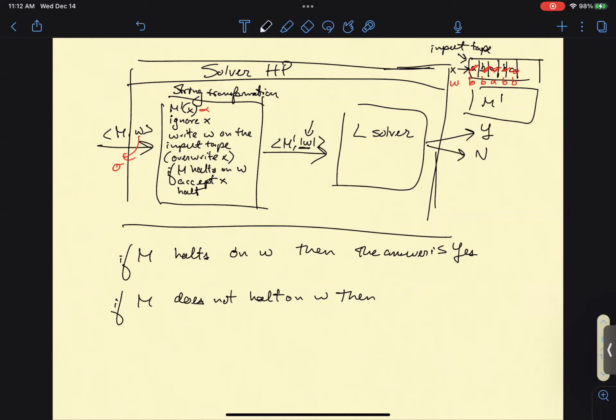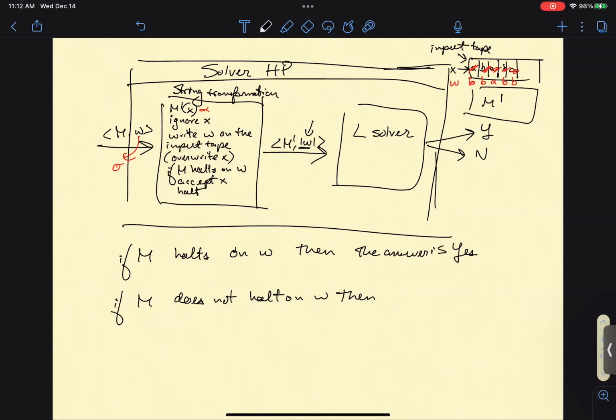I'm not so sure. But you're always, there's no if there. You're always writing W onto the input, so it doesn't really matter if it halts on W or not.